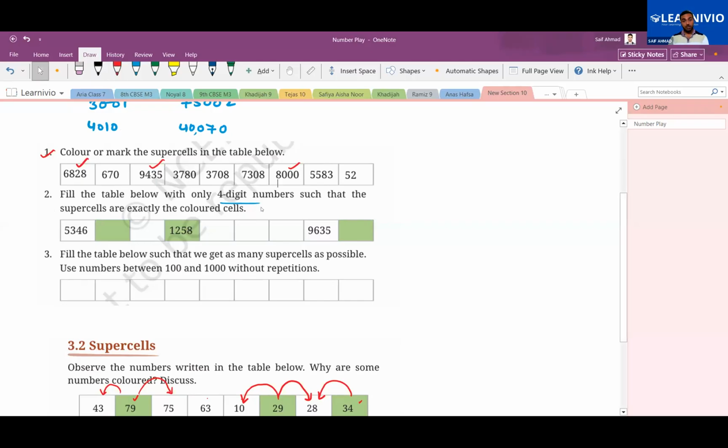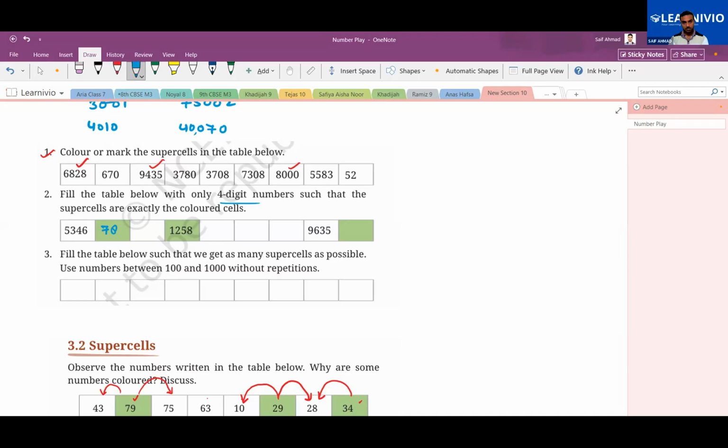Now fill the table below with only 4-digit numbers such that the supercells are exactly the colored cells. Tell me what are the numbers? 7,867. The second one, 7,000.